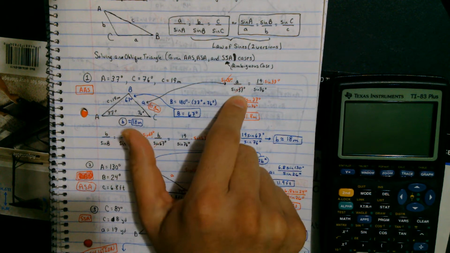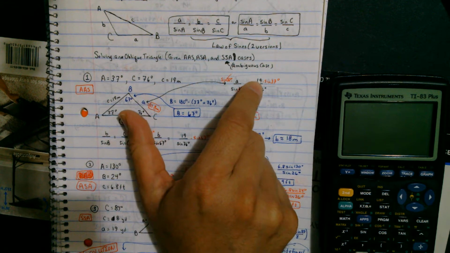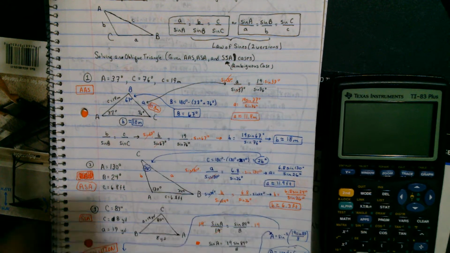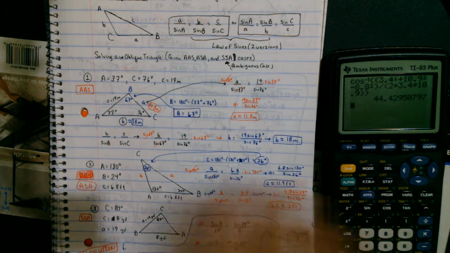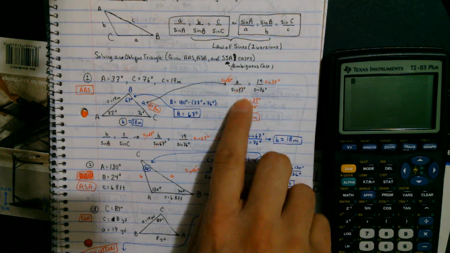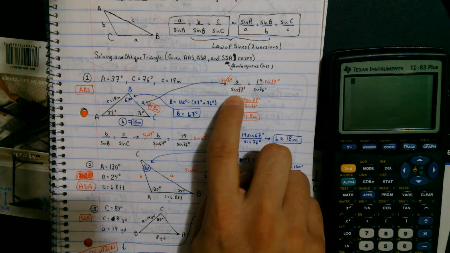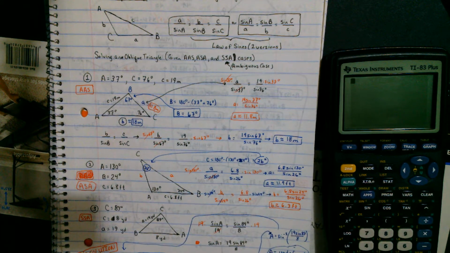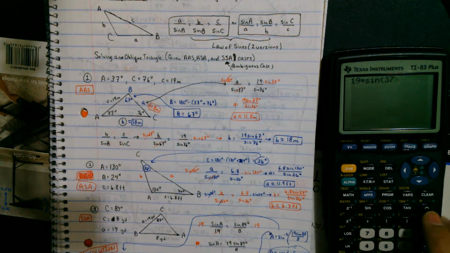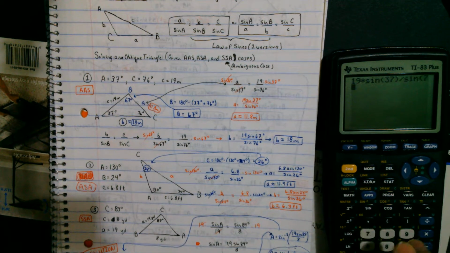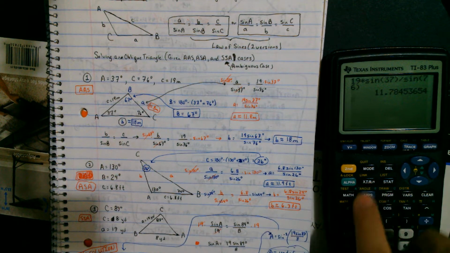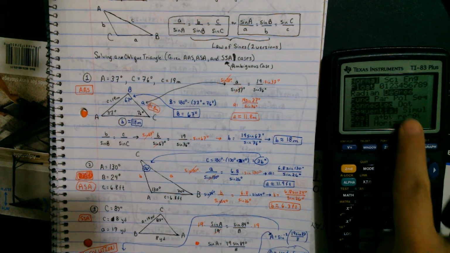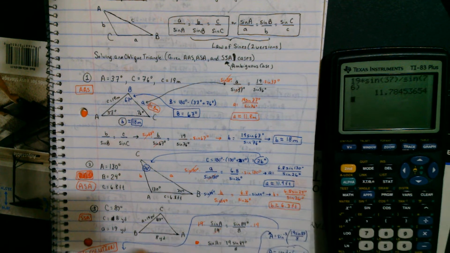A over the sine of angle A, which is 37, equals little c, which is 19, divided by the sine of 76, which is angle C. If I multiply both sides by the sine of 37, I can get a by itself. So a equals 19 times the sine of 37, divided by the sine of 76. That's where I get 11.8. Again, make sure your calculator is in degrees.